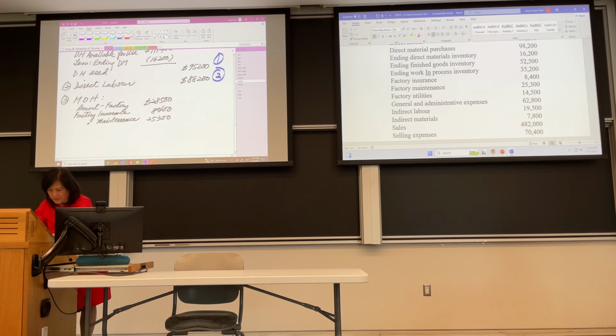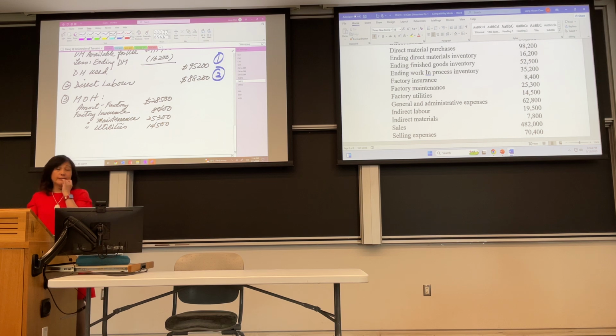Manufacturing overhead. Okay. What else? Factory utilities, 14,500. Okay, I have two more. Indirect labor, indirect material. Indirect labor, 19,500.